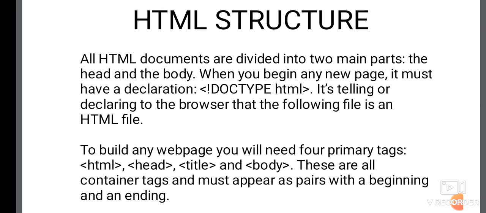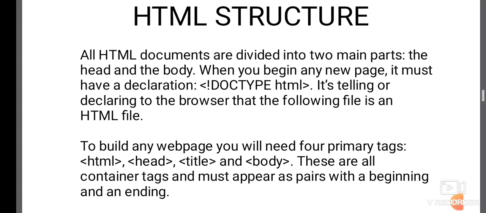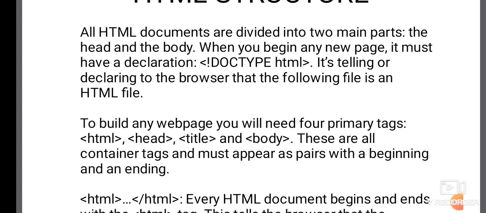All HTML documents are divided into two main parts. One is the head part and another one is the body part. Whenever you start a new program, first you use the statement doctype HTML within the brackets, which means that the program that you are writing is of HTML type.